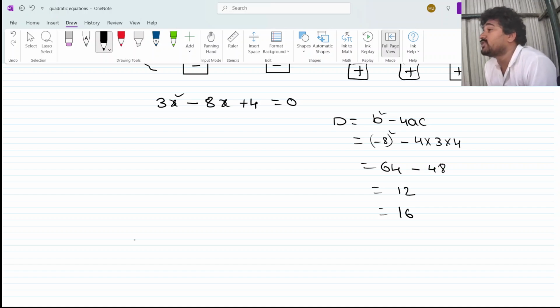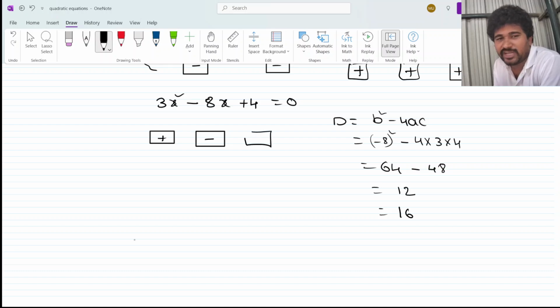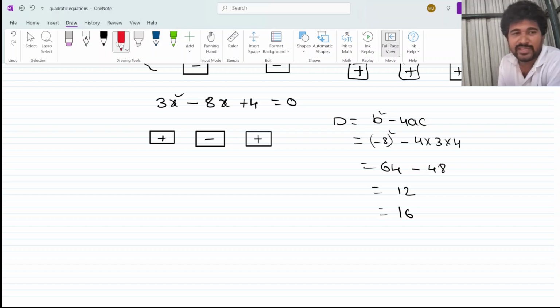The sign of the roots: how many positive roots, how many negative roots? Coefficient of x square is 3, positive or negative? Positive. Coefficient of x, positive or negative? Negative. Constant term, positive or negative? Positive. Very good. Any sign change happened?